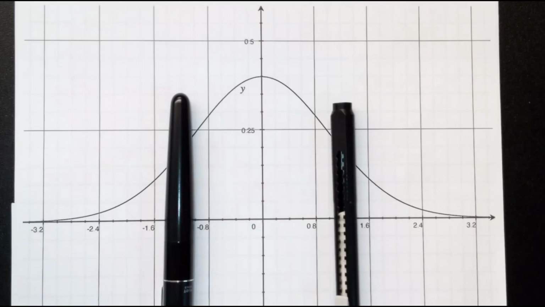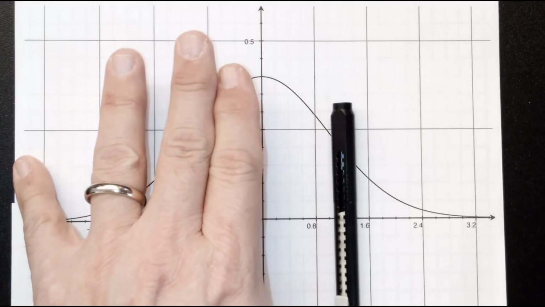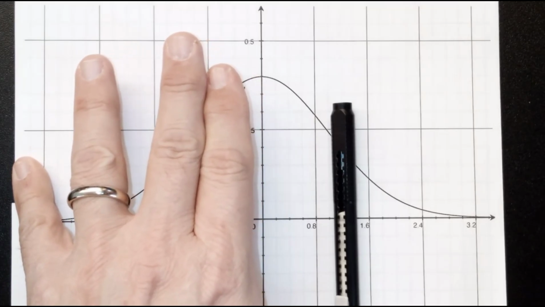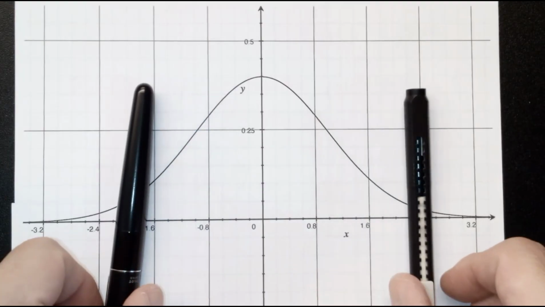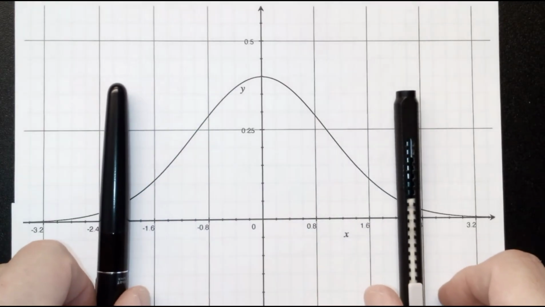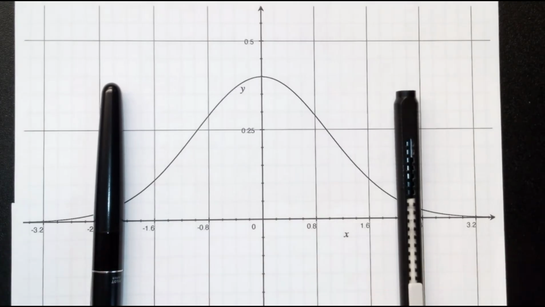This area is 0.6826, which means that area is half of it, 0.3413. If I move out to 2 standard deviations, that's 0.9544.